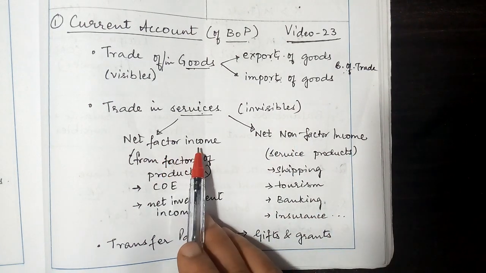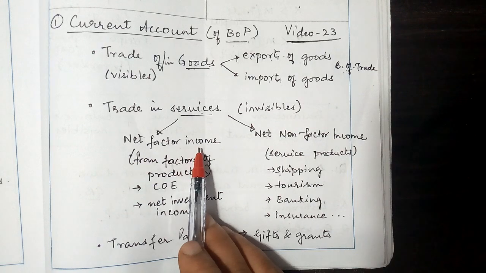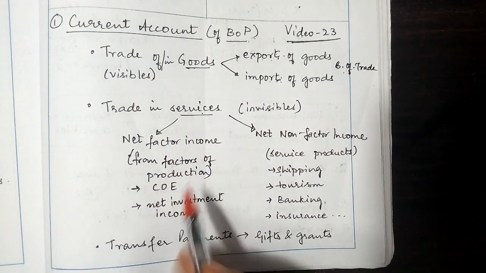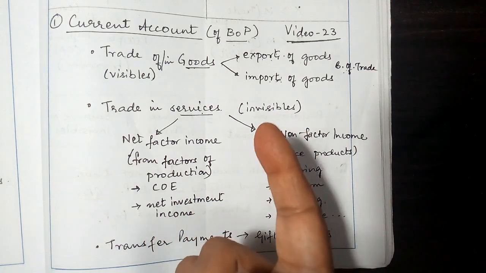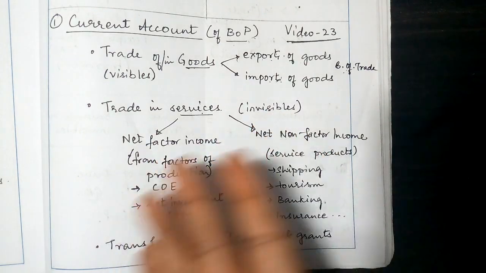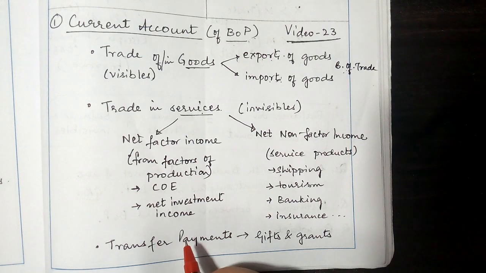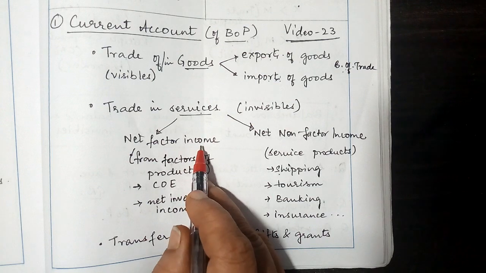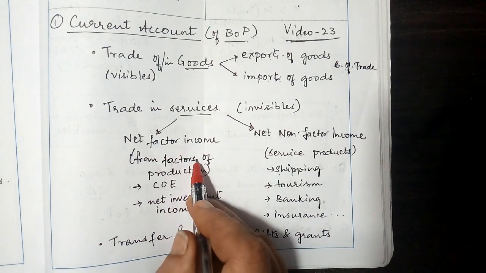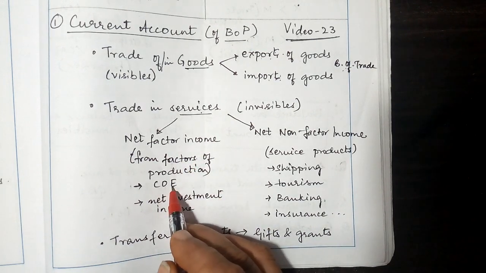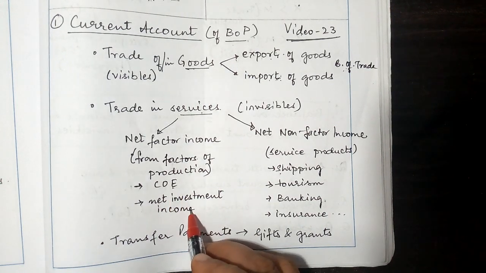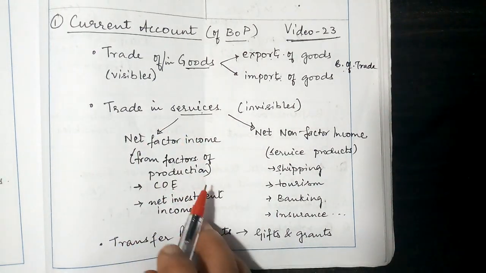What were net factor incomes? They include the earnings of factors of production. What were the factors of production? Land, labor, capital, entrepreneurship were the factors of production. So when factor income is earned on these factors of production, like the compensation of employees, the net investment income, then that is called net factor income.